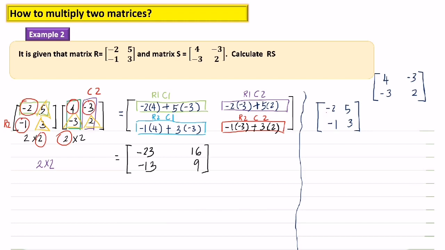And I draw the line for row and column. So I know that my answer is a 2 by 2 matrix, 2 rows, 2 columns. Okay, so how to write the answer is like this.